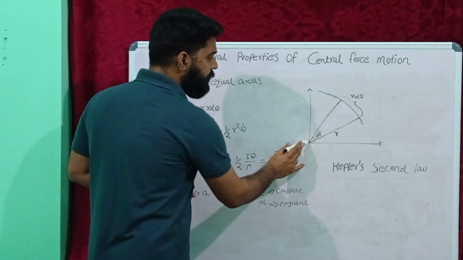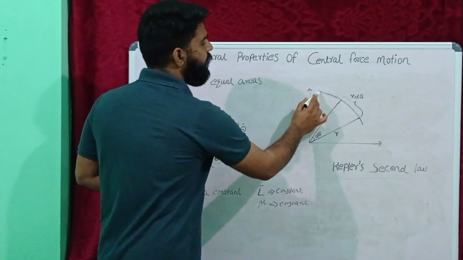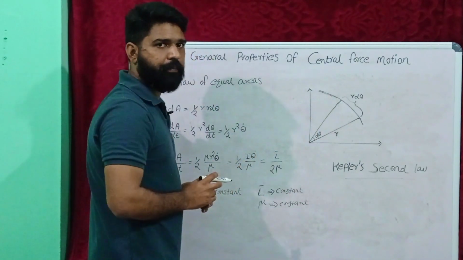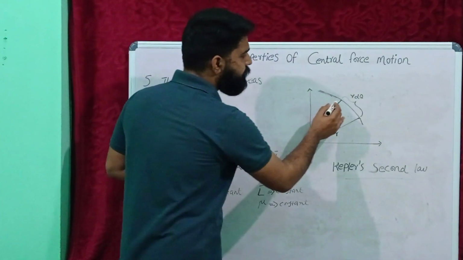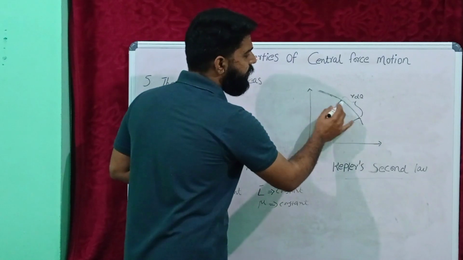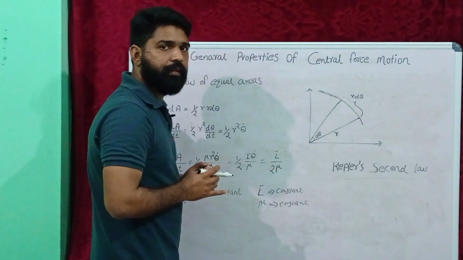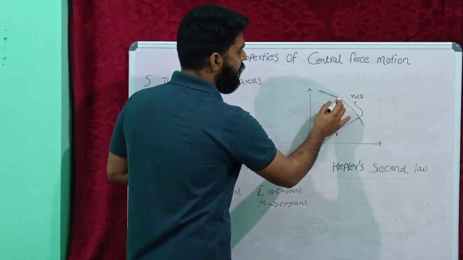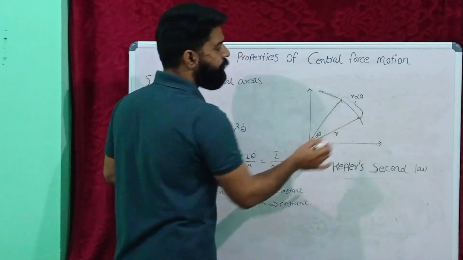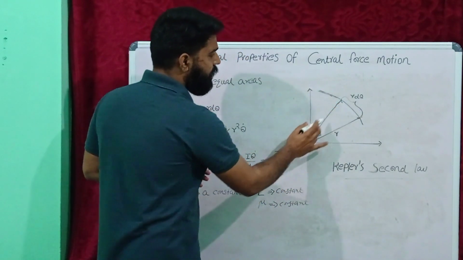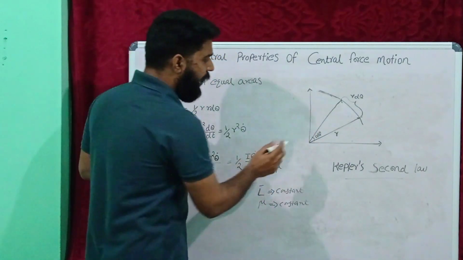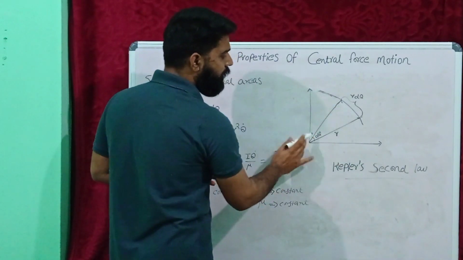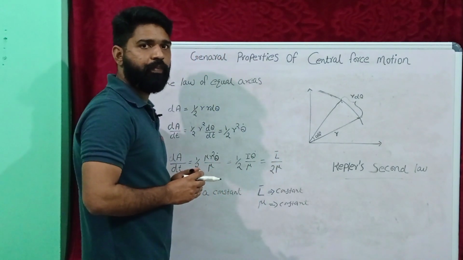And this is the origin of the central force motion. We consider a small area or small length, and we consider this point. These are the position vectors of this small part, and the angle between these two ends is d theta.